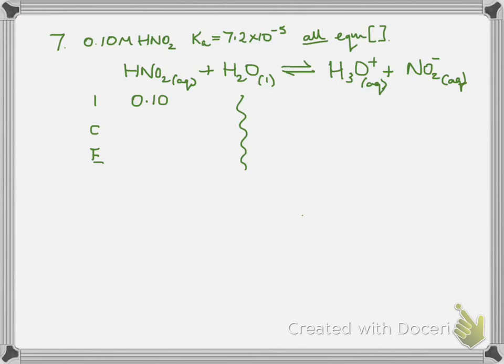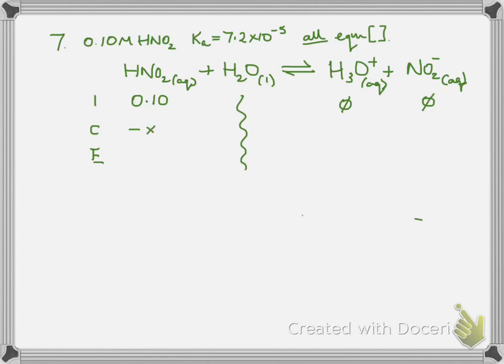And then for the ions, at the very start there would be no products, so they would start at 0. Now, we say that we don't know how much it ionizes, so we call that X. If X amount of HNO2 ionizes, then the change would be minus X for the HNO2.